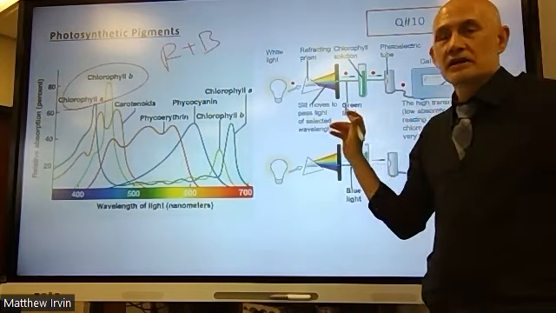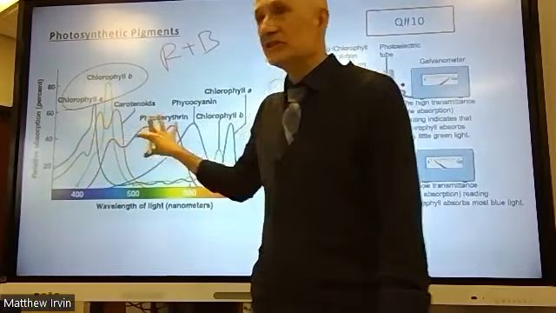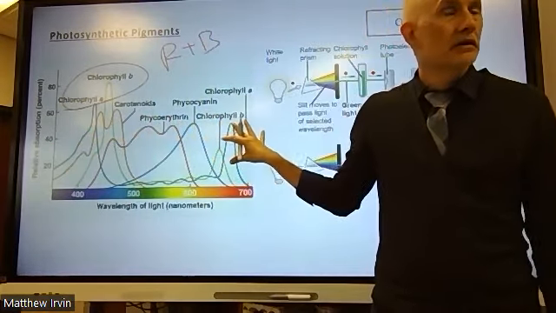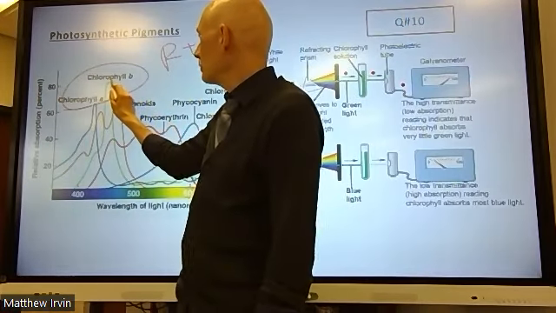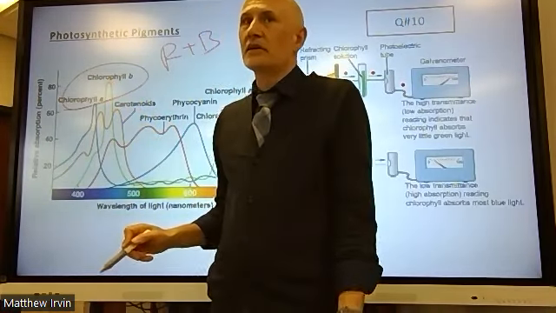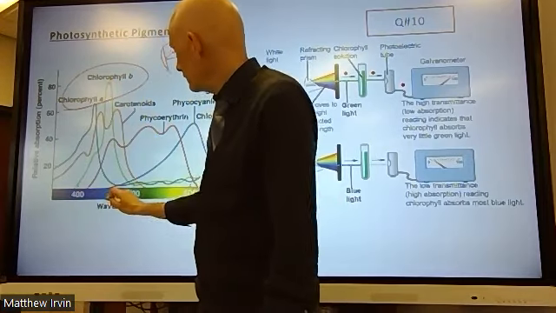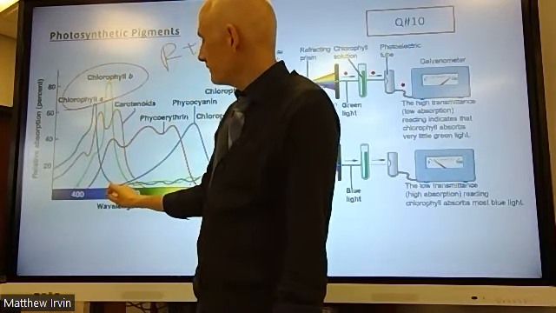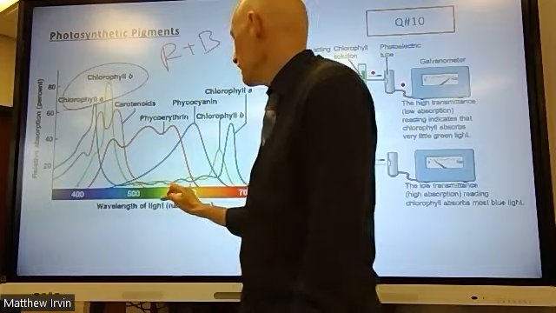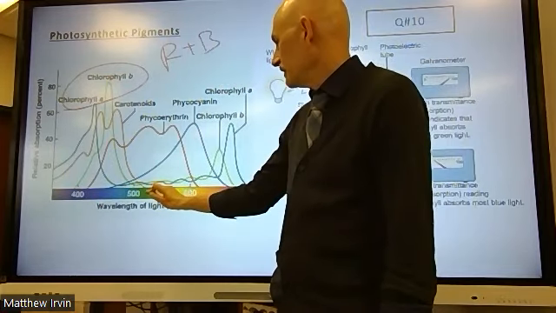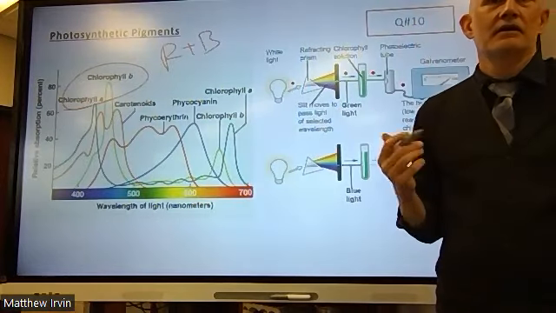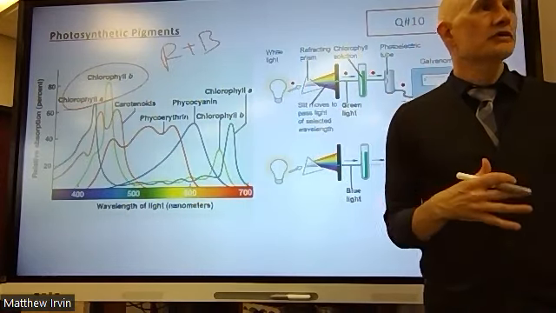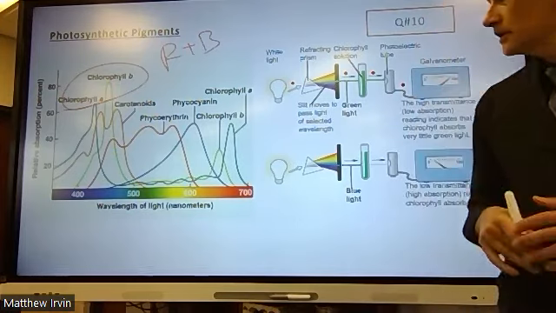You will very often see these charts on the AP test. It will simply ask something like, chlorophyll B absorbs what color light best, and it absorbs around 450 nanometers. What doesn't it absorb well? Anything between 500 and 625, and those correspond to specific colors.